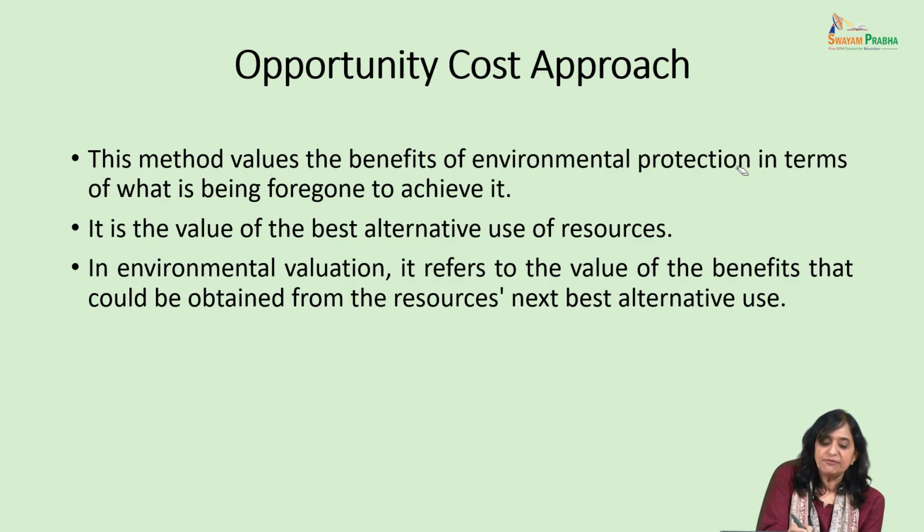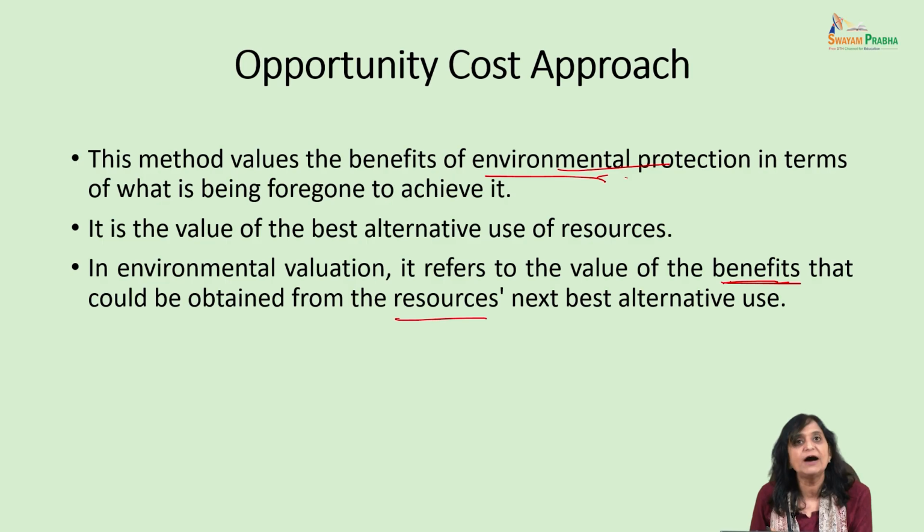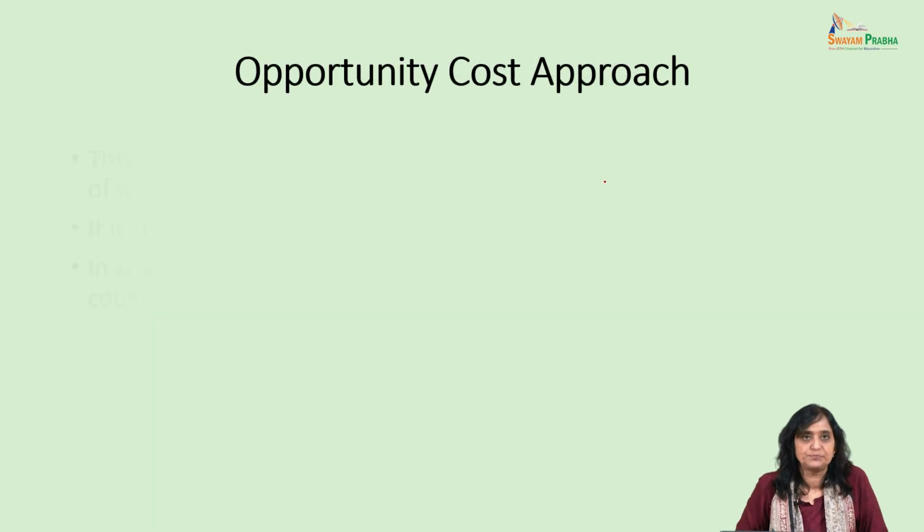That is, if I had not dedicated these resources to environmental protection, I would have used them somewhere else, and I must have got some benefit. The value of that benefit we compare with the benefit of the environment protection. That is called opportunity cost.